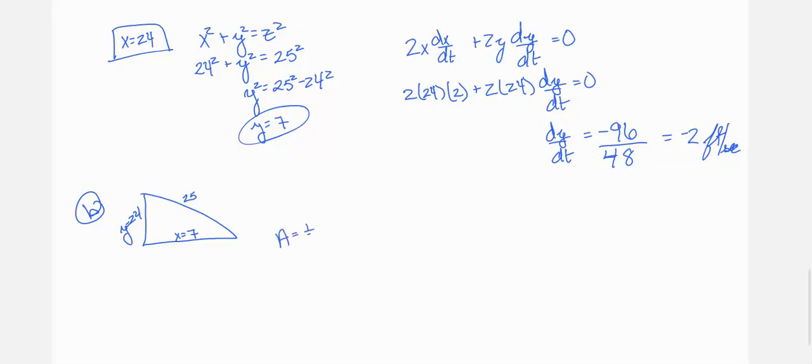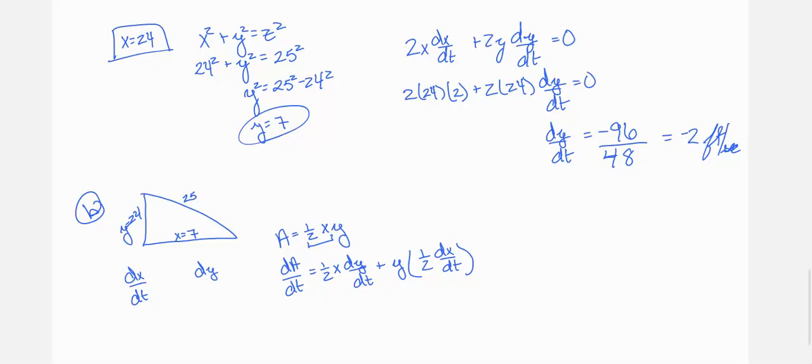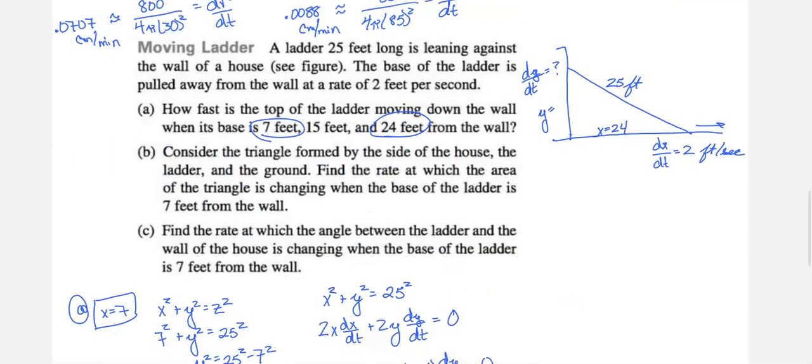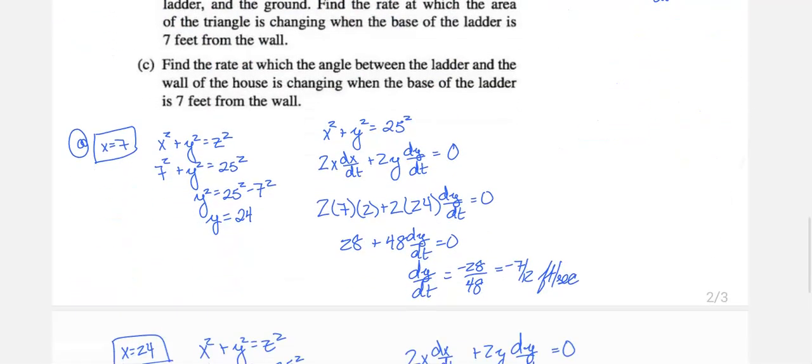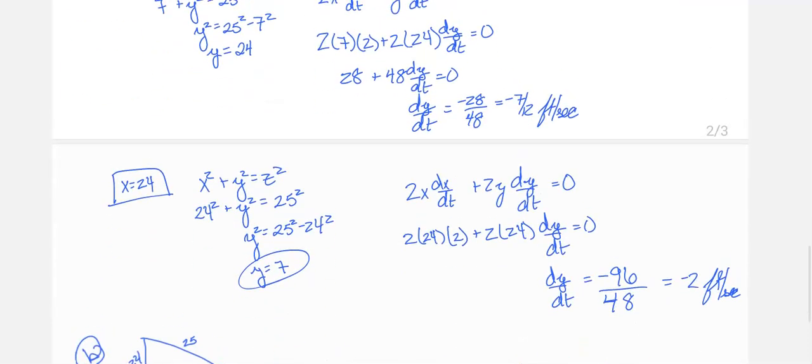Area of a right triangle is 1/2 base times height. So it will be 1/2 x times y. So let's take that derivative. So dA over dt, this is going to be a product rule. So it's first times derivative of the second plus second times derivative of the first. At this moment in time, we know dx over dt and we know dy over dt. So dx over dt is still 2, and dy over dt was negative 7/12.